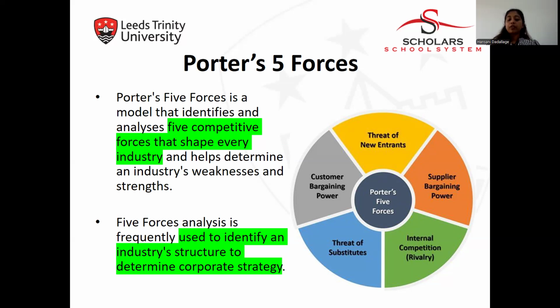They are threat of new entrants, supplier bargaining power, internal competition, threat of substitutes, and customer bargaining power, which we are going to look into later on. Five forces analysis is frequently used to identify an industry's structure to determine corporate strategy. So, it is very important to analyze Porter's five forces for any business in determining the corporate strategy.